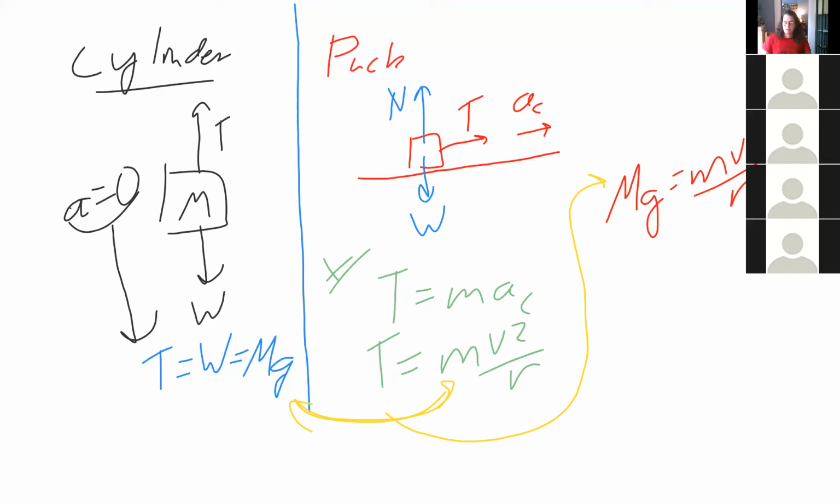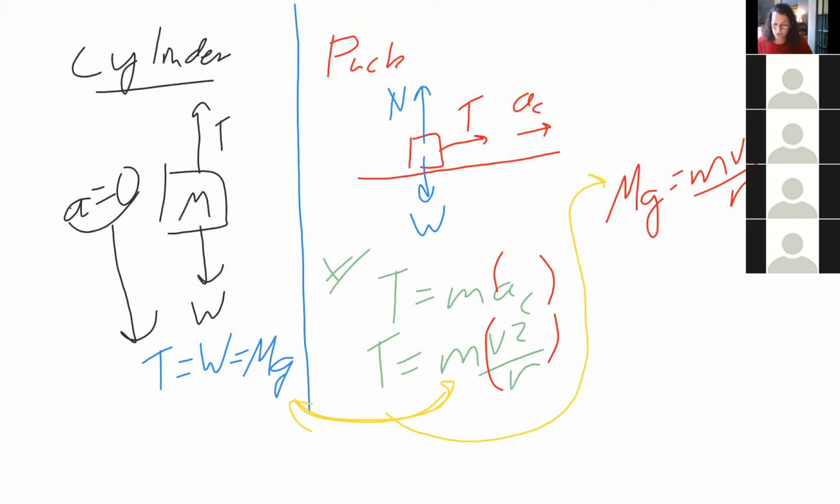Wouldn't mv be squared, since you're multiplying the a_c times m in the tension part? Say that one more time. So a_c is equal to v squared over r. I just did a substitution. Oh, okay. I thought a_c was always equal to mv squared over r.